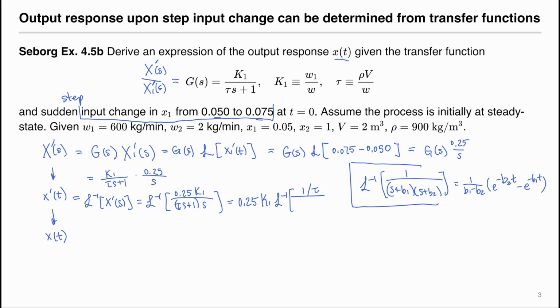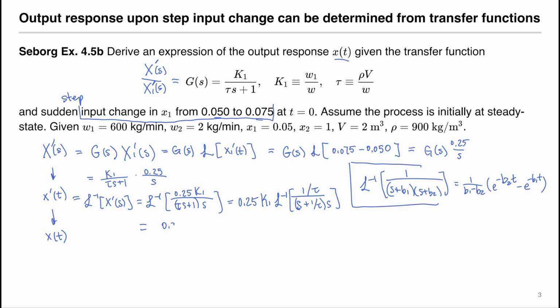So 1 over tau on top, and at the bottom, s plus 1 over tau, multiplied by s. Again, tau is a constant, so we can take that out.